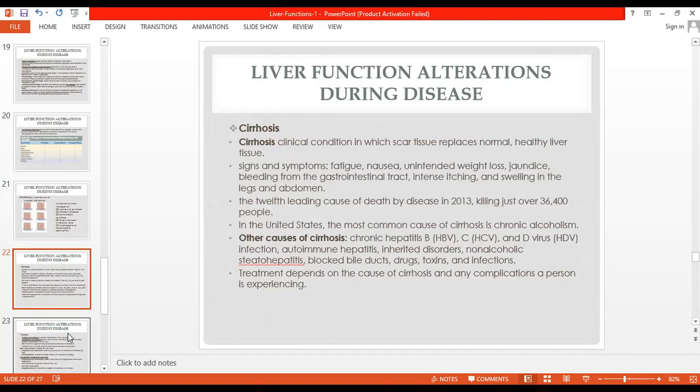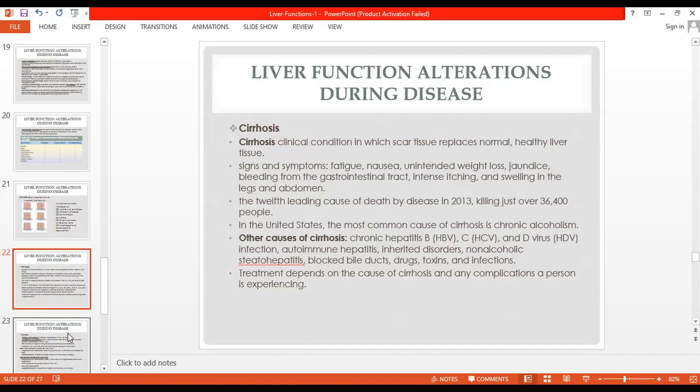Although some patients with cirrhosis may have prolonged survival, they generally have a poor prognosis. Cirrhosis was the 12th leading cause of death by disease in 2013, killing just over 36,400 people. In the United States, the most common cause of cirrhosis is chronic alcoholism.